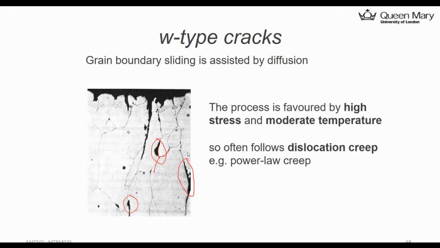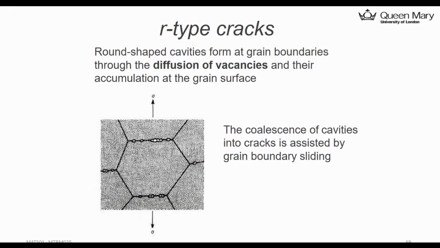And now there's the round-shaped cavity, formed at grain boundaries through diffusion of vacancies. In other words, diffusion of atoms and their accumulation at the grain surface.